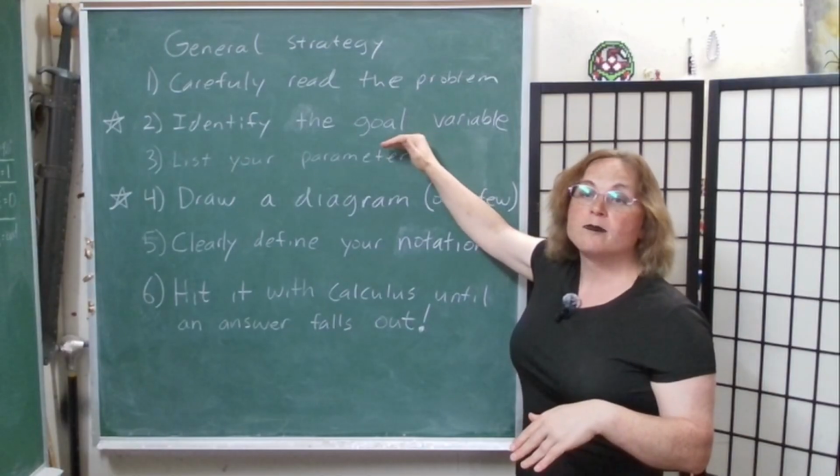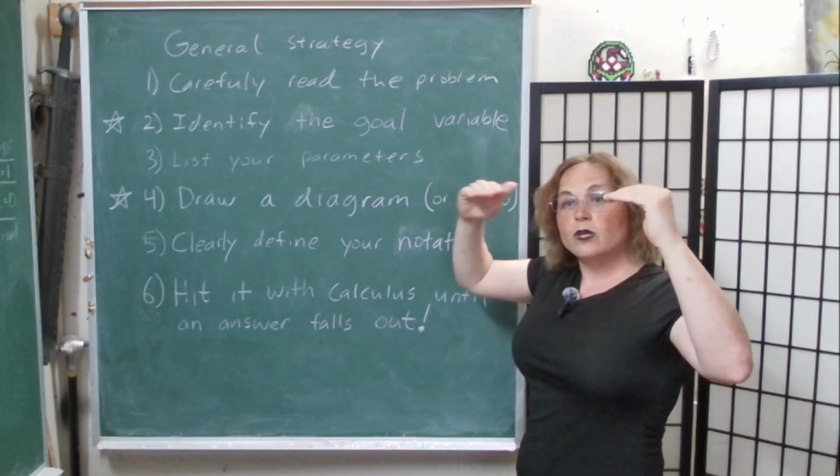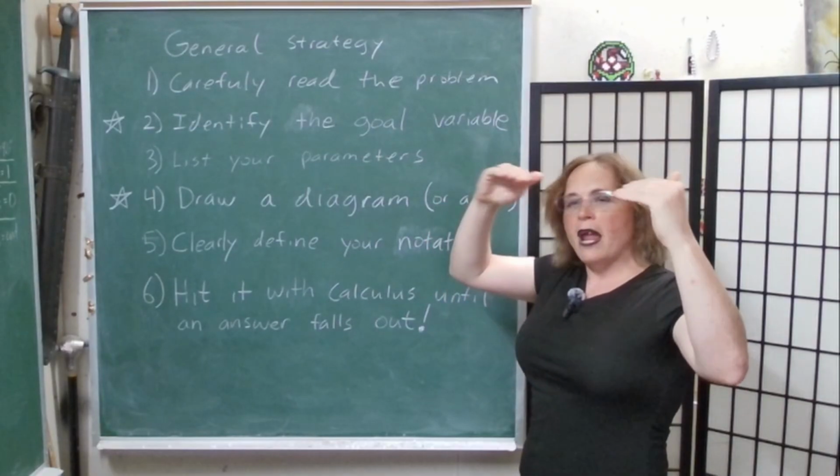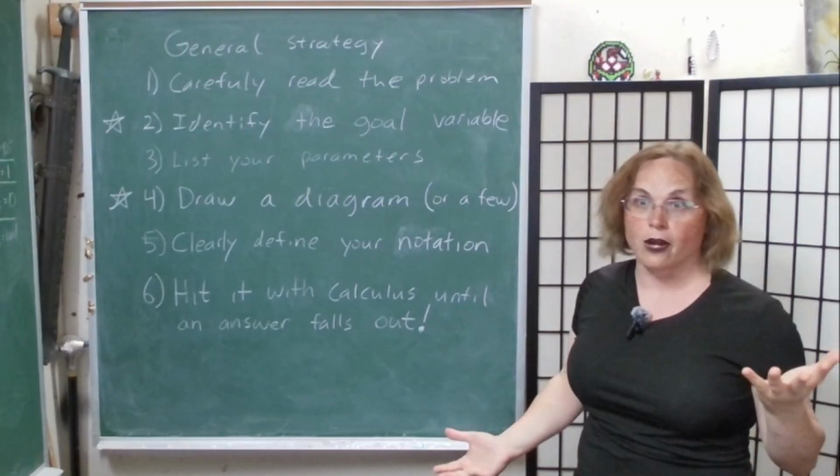If our goal is to optimize an area with respect to a length, be like, okay, well, I only want to have lengths in here. So if my area formula includes a width, how do I get rid of a width? And then work your way backward from there, okay?